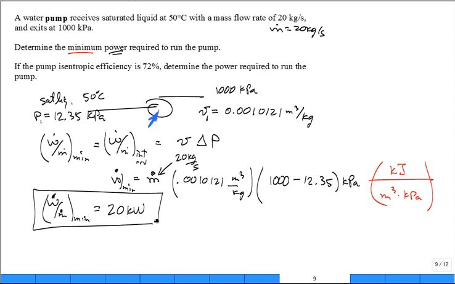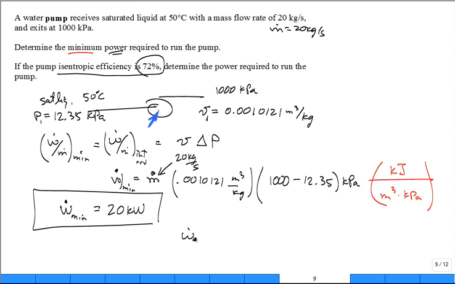If the pump isentropic efficiency is 72%, determine the power required to run the pump. Well, we calculated the minimum power required, but what's the actual power required if the isentropic efficiency is 72%? That's W dot minimum.